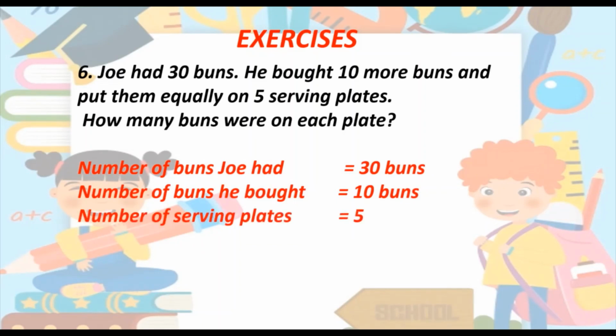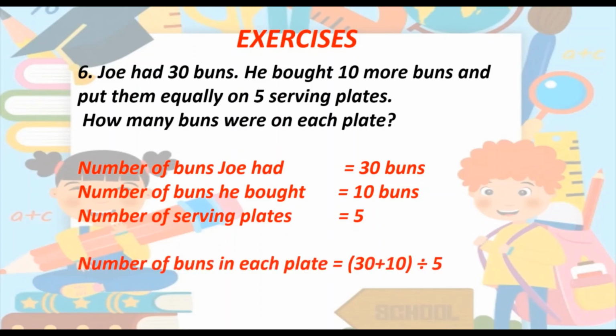And number of serving plates is 5. So now total number of buns is 30 plus 10. That is 40. So when we divide 40 by 5, because we have 5 serving plates, we get 8 buns. So we can place 8 buns on each plate.